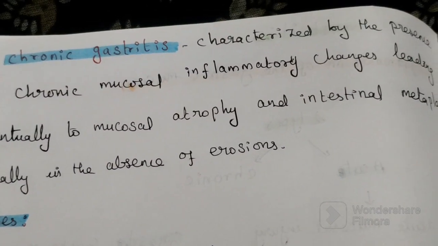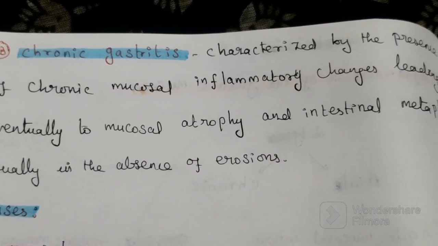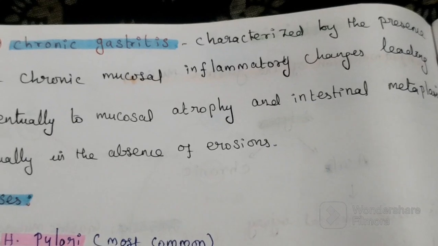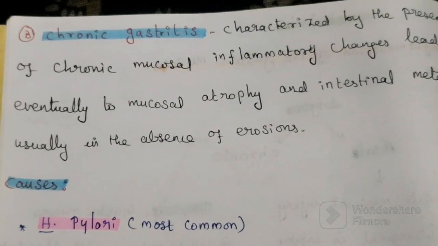Second important one, chronic gastritis. Presence of chronic mucosal inflammatory changes leading to mucosal atrophy and intestinal metaplasia.